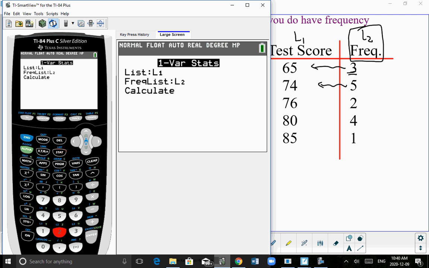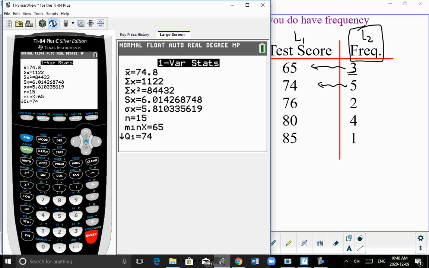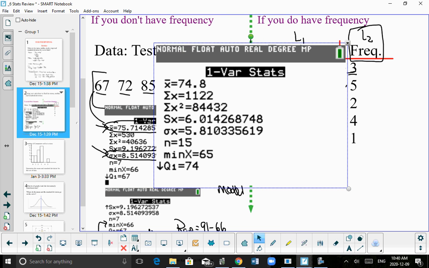Now the other way to do that, if you don't like doing it that way, is right above the number 2 is the word L2 and it's written in blue. So I can go second number 2, and that's the other way I could do it. Go down to calculate, and there it is.